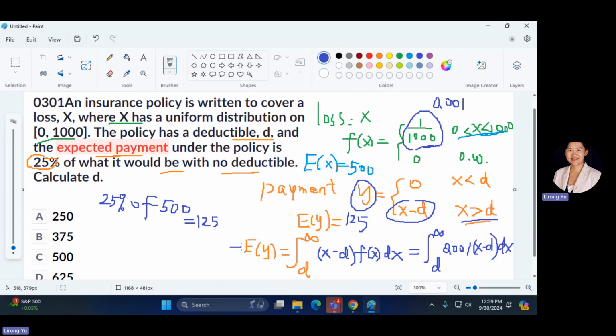We're going to set this equal to 125 for the purpose of solving for d.